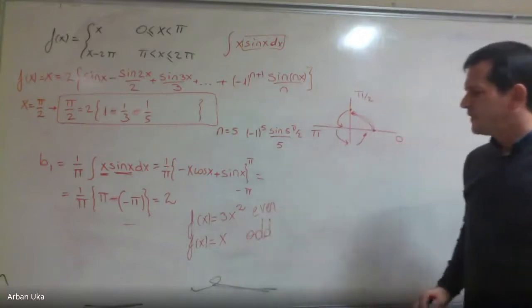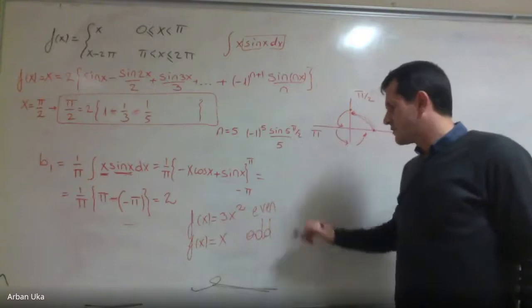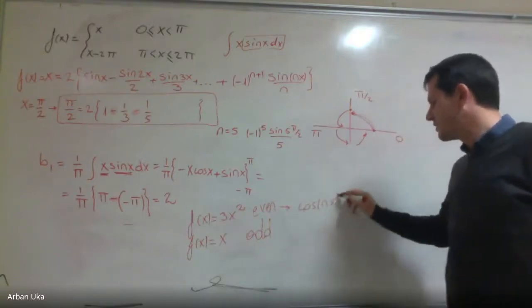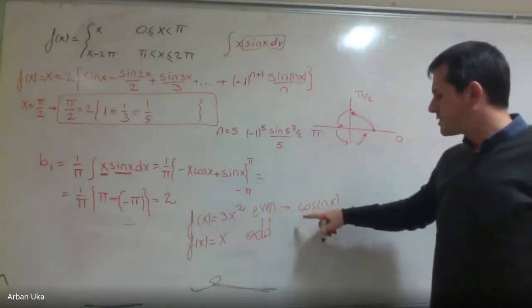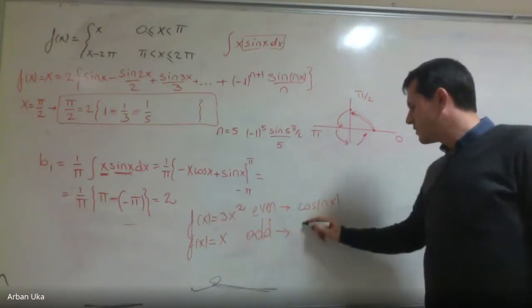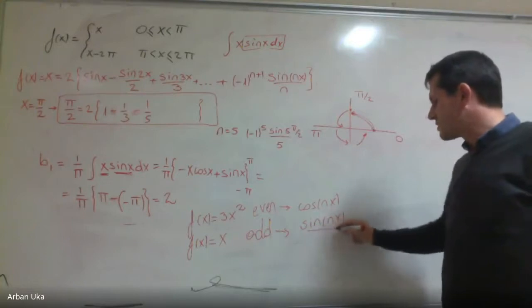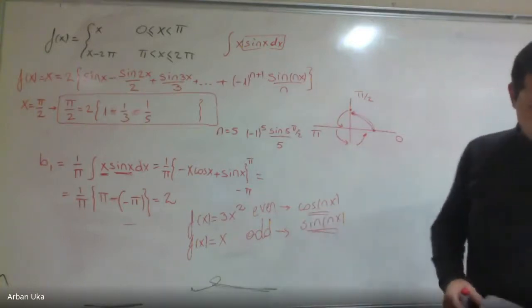This means that if you do the series expansion of an even function, we need to use only cosines, cosine nx, and the coefficients that come from the sine function will all be equal to 0. And for an odd function, we need a series expansion which includes only terms that look like this, sine nx.